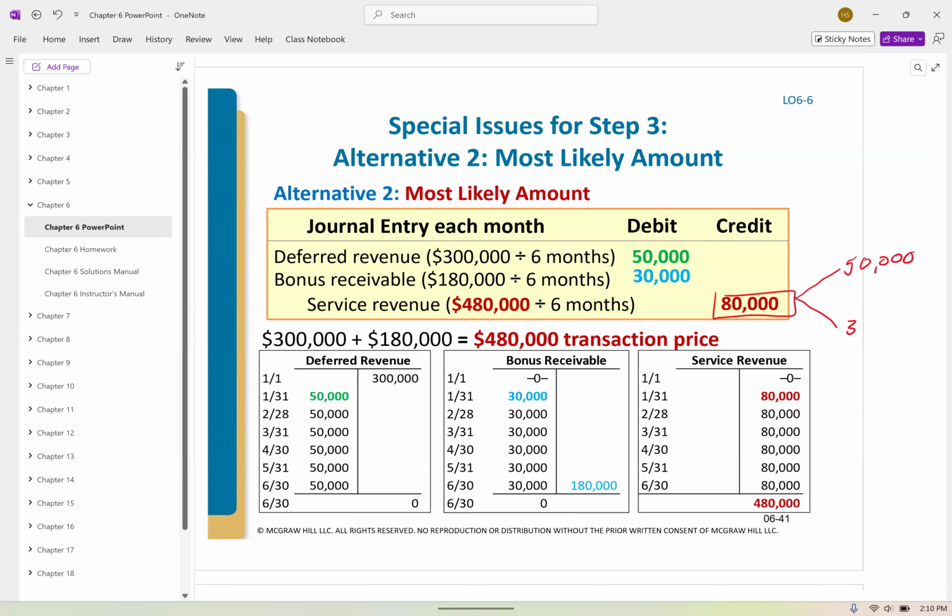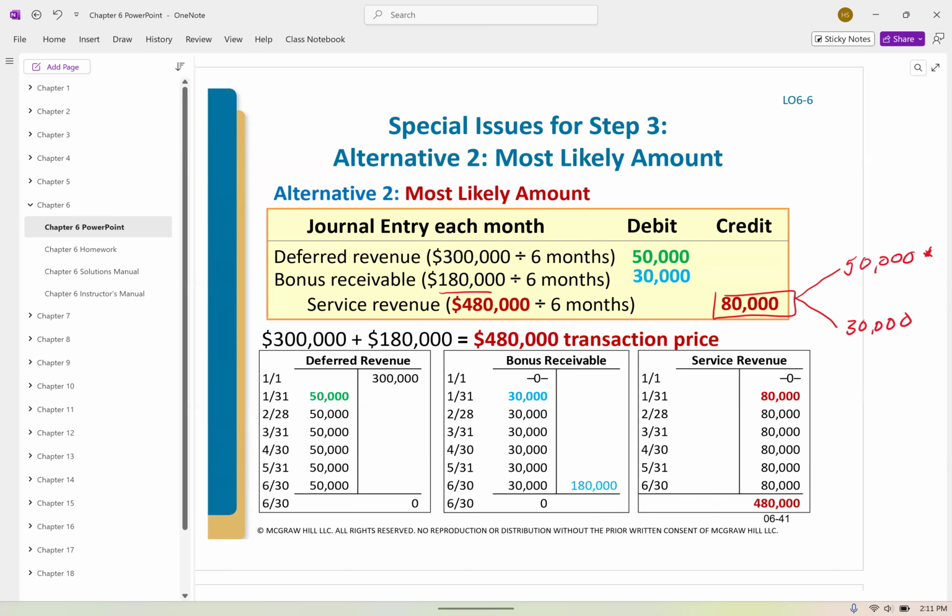And then what we expect to get, that 180,000 divided by 6 months, is that 30. Okay. This we've already gotten. We know we're going to get that 50,000. Okay. But right now at this point, we assume that we are going to make that bonus of 180,000. So you can see how we are recording revenue, 80,000 every single month.